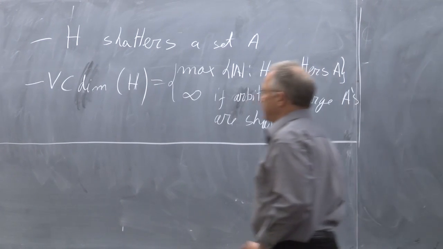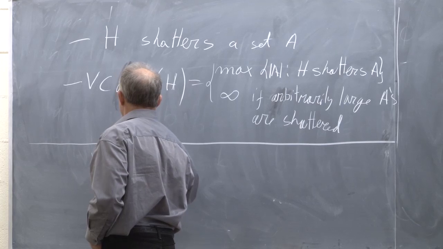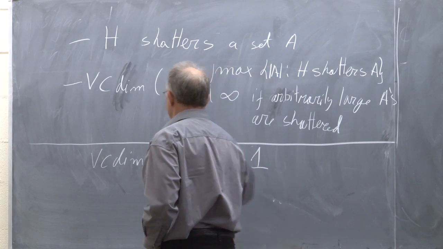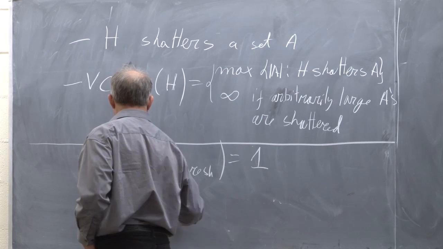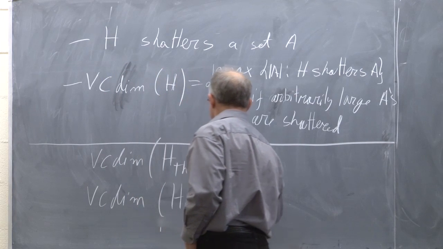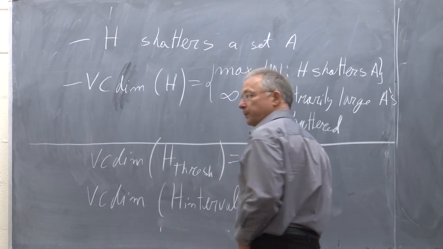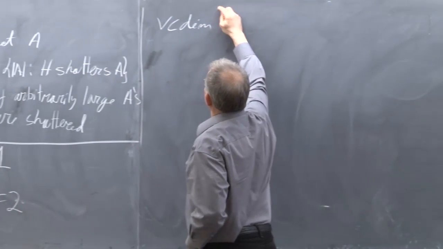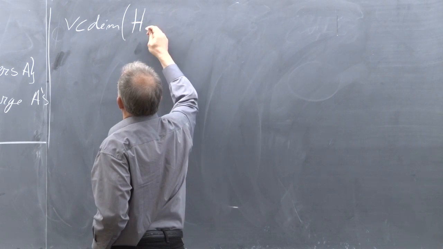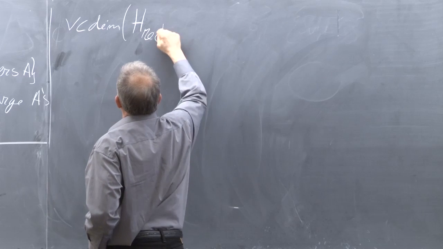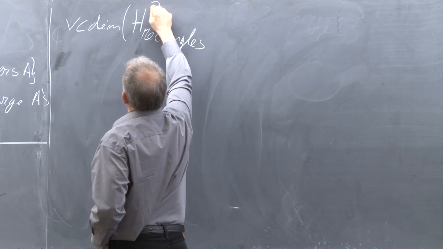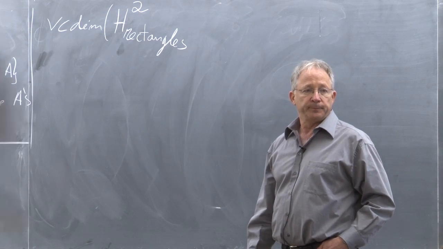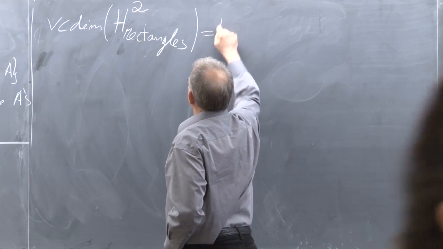So we saw that the VC dimension of H thresholds was 1, and the VC dimension of H intervals was 2, and the VC dimension of the class of H rectangles, and I'll put a superscript 2 here to denote that we are talking about rectangles in R2, we saw that the VC dimension was 4.